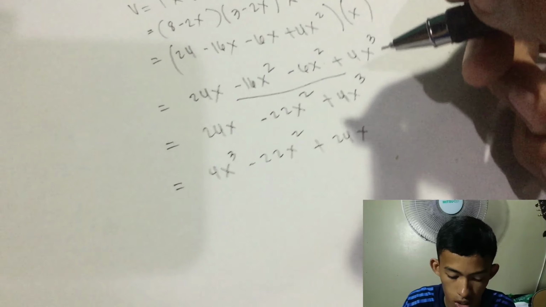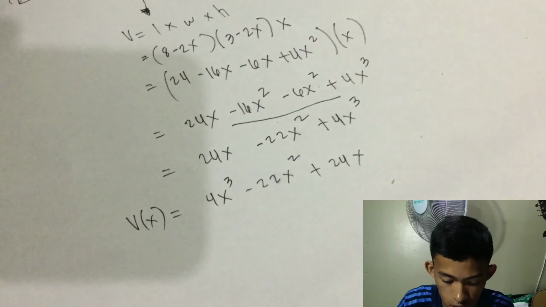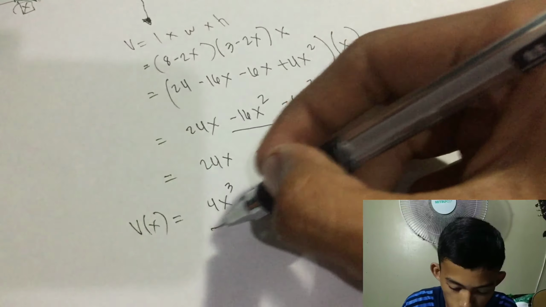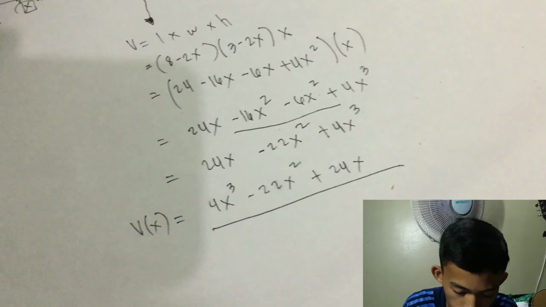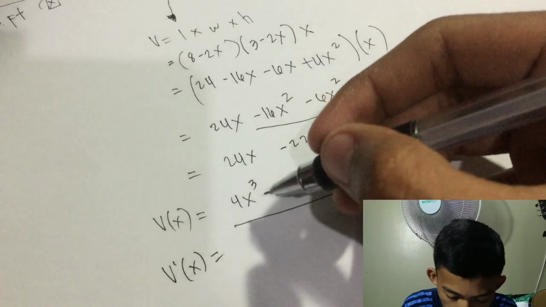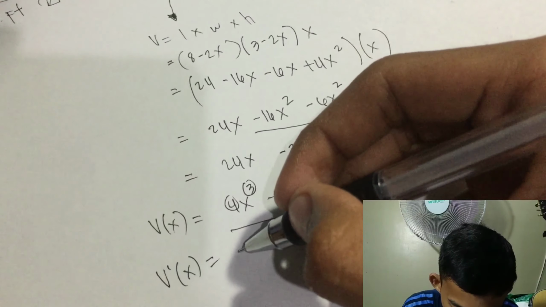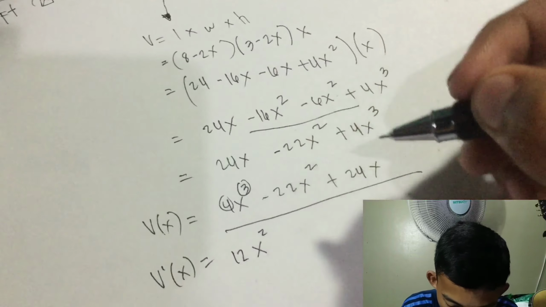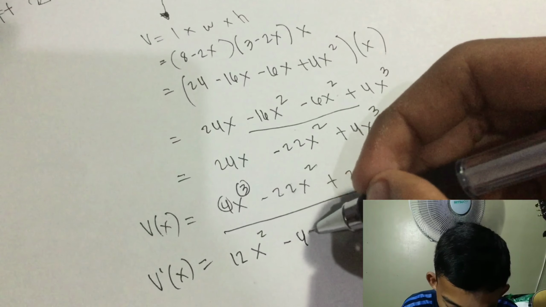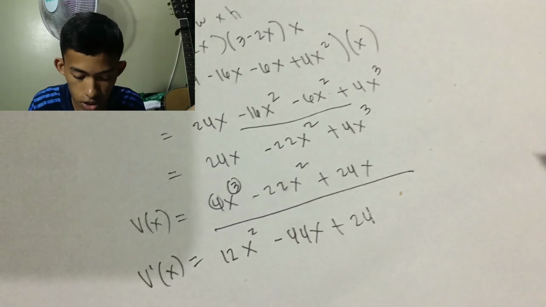So this is now the function of x, and then we will find the derivative of this function. The derivative of 4x cubed is 3 times 4, equal to 12x squared, and then negative 44x plus 24. And this is now our derivative.